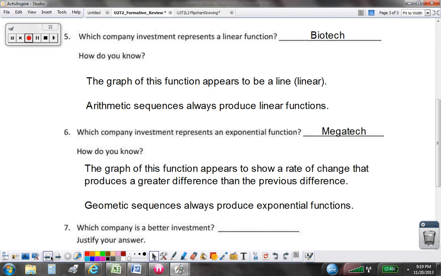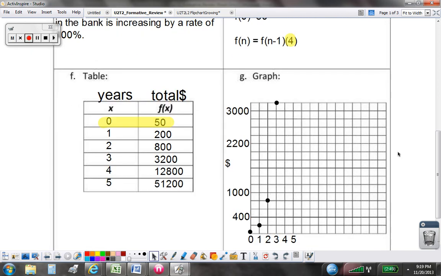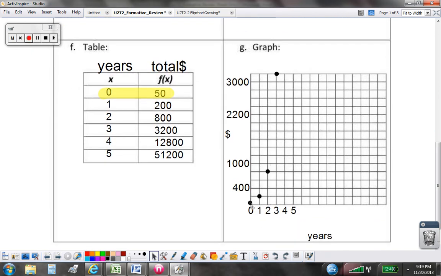What that means is if you look at this graph here, anytime you see a change and then a bigger change and then an even greater change, you get this sort of a curve effect. When that happens, we call that exponential growth. So in this case, an exponential function.